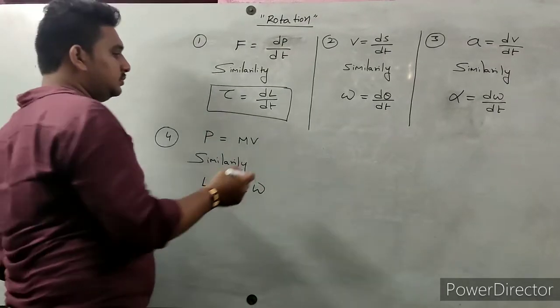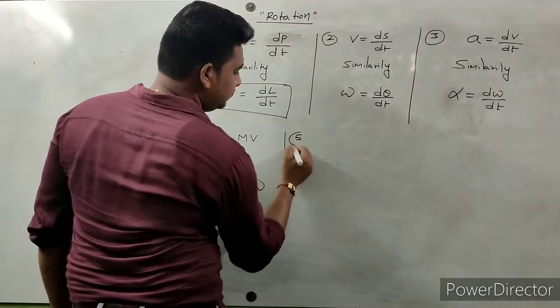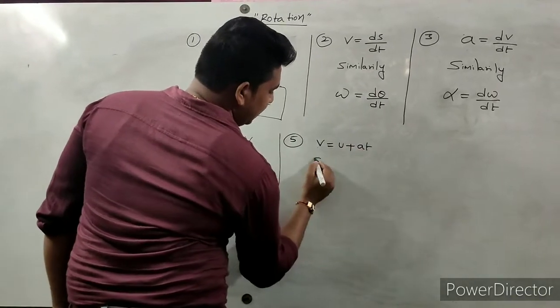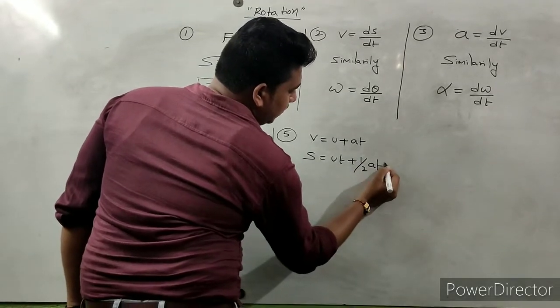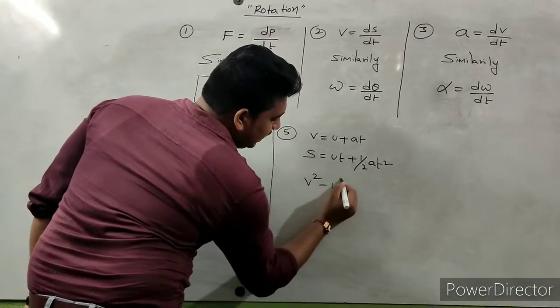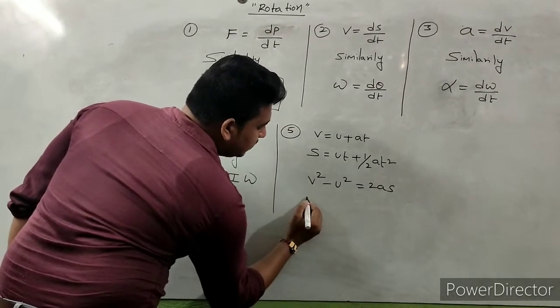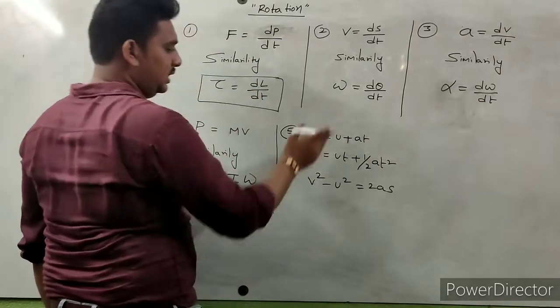Next, the fifth one. We know that V is equal to U plus AT, S is equal to UT plus half AT square, V square minus U square is equal to 2AS, and Sn is equal to U plus. These three formulas are very important.